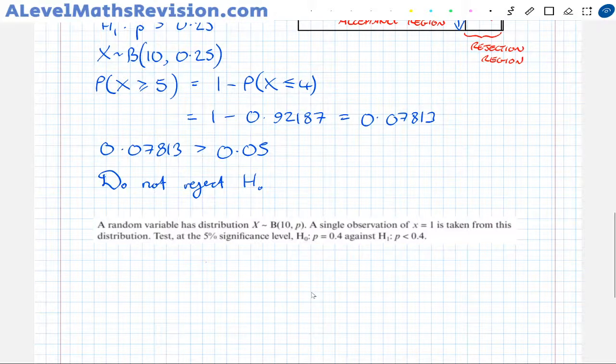So 4 wins. However, we only got 1. Again, this looks promising. We got a quarter of the number of expected wins. I reckon we've got it here. I reckon we're going to be able to say we reject. I won't know until we try, but I think we're going to be able to say reject.